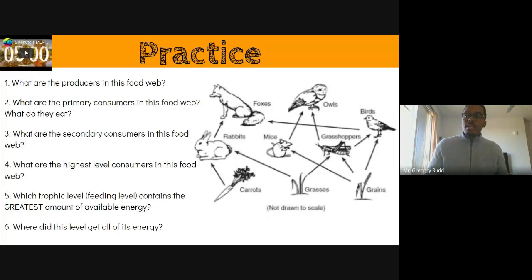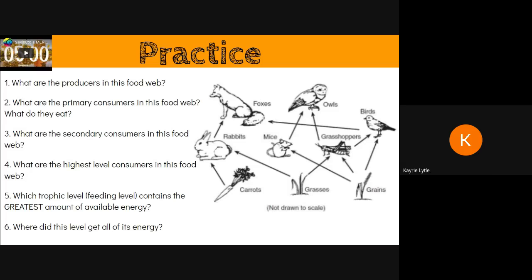Which trophic level contains the greatest amount of energy? Which level has the greatest amount of energy? Oh, the primary consumption. Well, not primary consumption, but the grass, grains, and carrots.